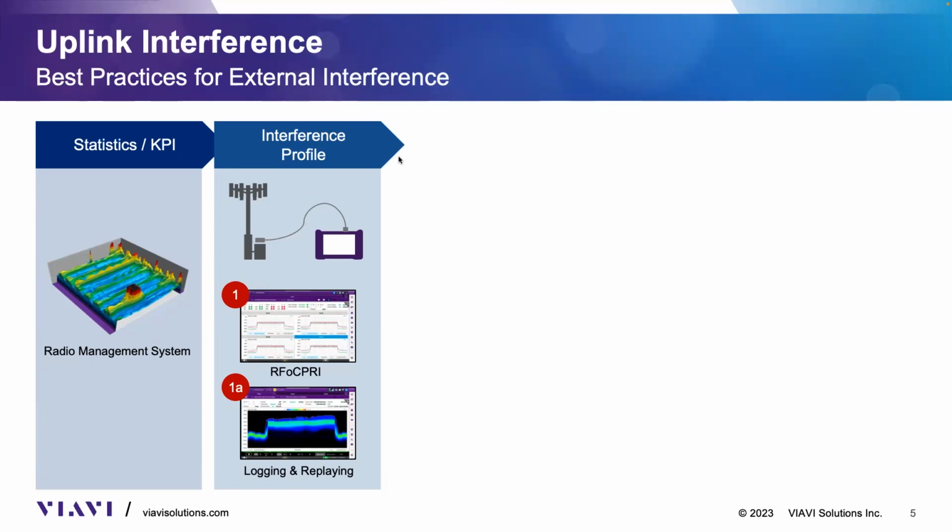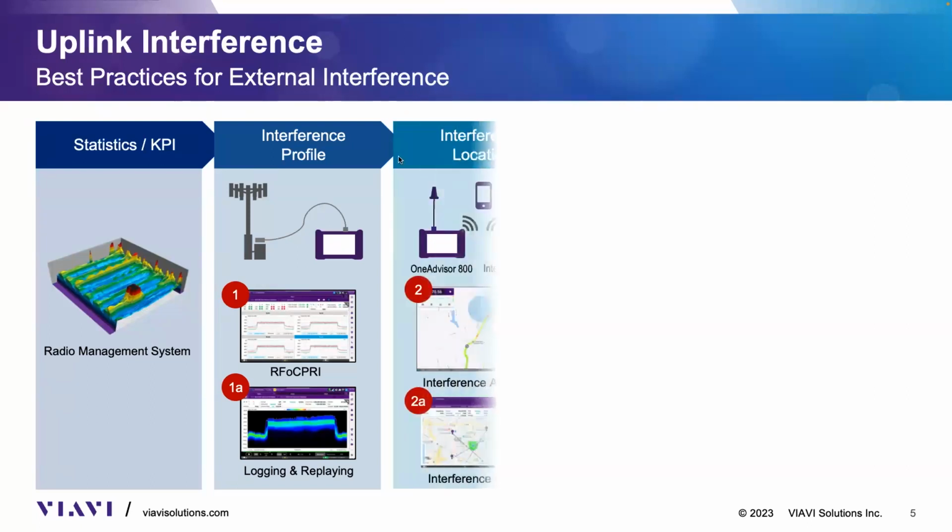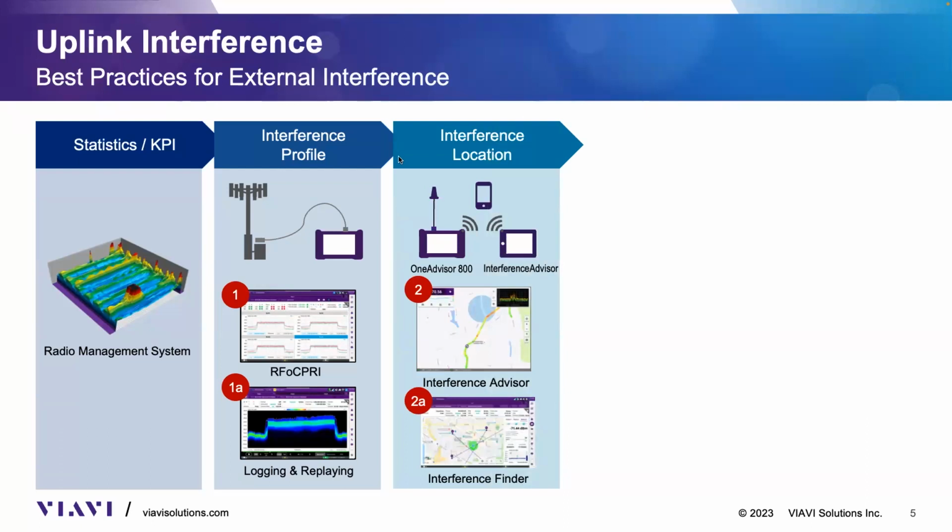So first and foremost, it's really important to understand how that interference behaves and where it is in frequency. With that information, which we call the interference profile, now that we know how it behaves, we can go and hunt it, or do an interference location or interference finding.